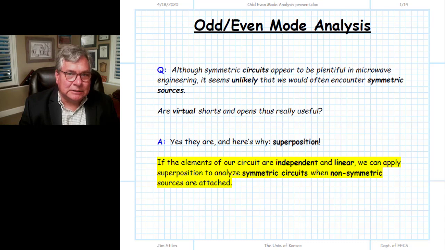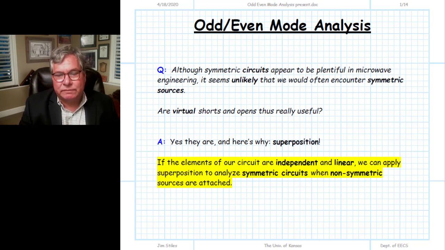But it turns out that odd-even mode extends beyond sources that are symmetric when we apply superposition. And of course, to do this, we need to have circuits that are linear and independent. Likewise, I should have written here, they need to be reciprocal, and the reciprocity is difficult to mess up with most of the simple elements that we are dealing with in microwave engineering, but that is also one of the considerations.